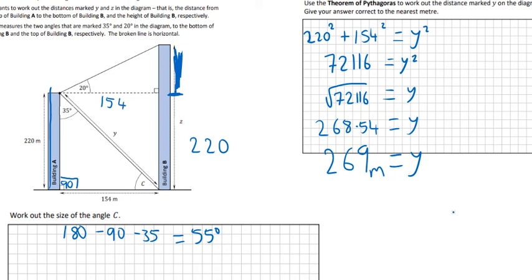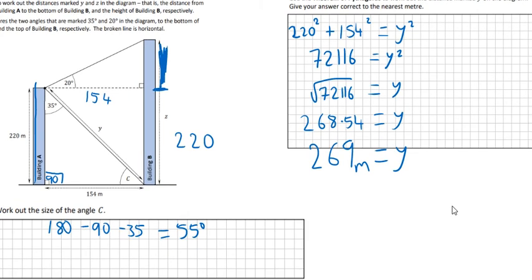Ultimately, what we're going to be using here is SOHCAHTOA. We know that the angle there is 20, and we know that the bottom is 154. If you label these in terms of opposite, adjacent, and hypotenuse, we'll call this x here for the minute.